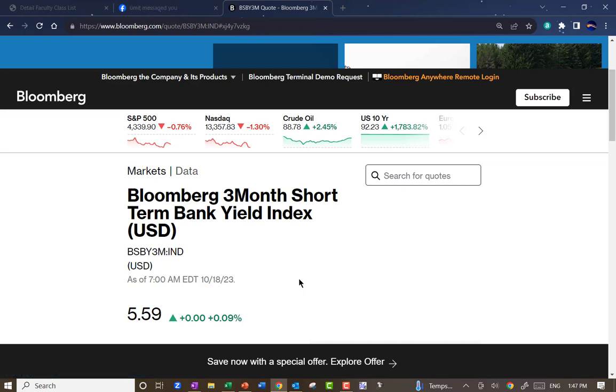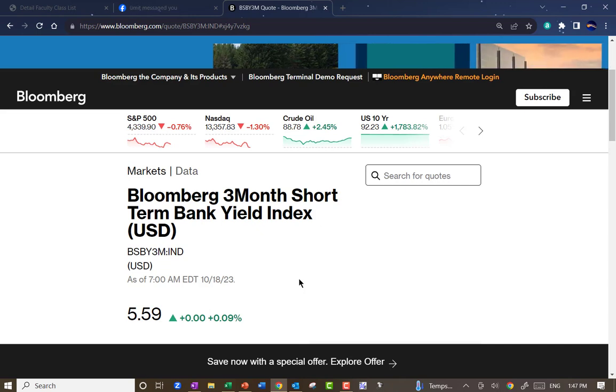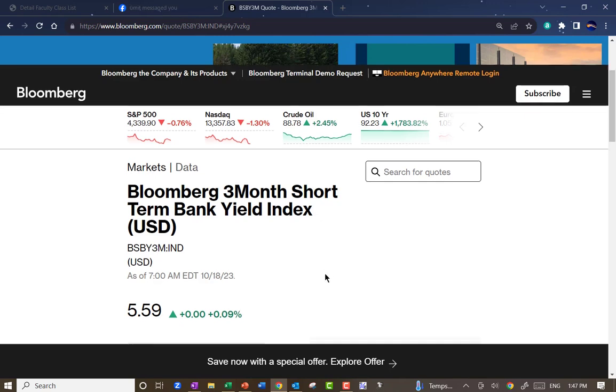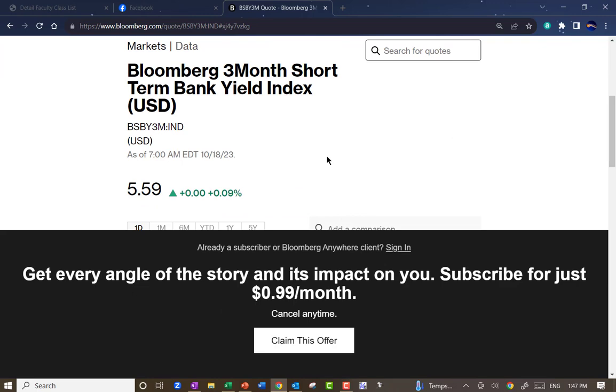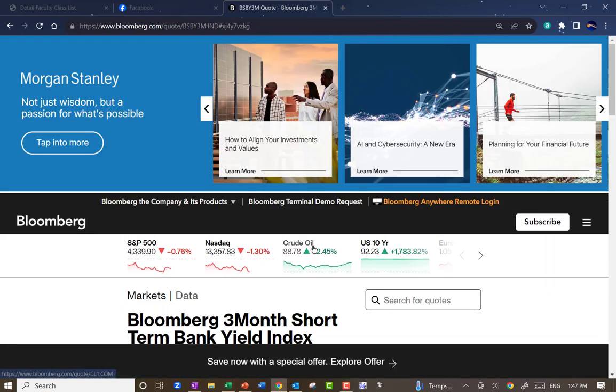This is essentially an index constructed by Bloomberg using the rates at which banks are willing to lend for 3 months and the rates at which banks are willing to borrow for 3 months. That's kind of a reference index.